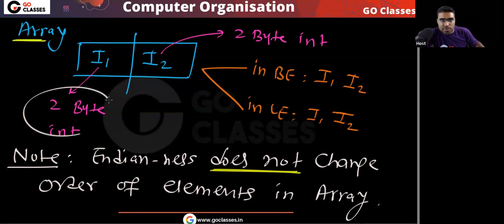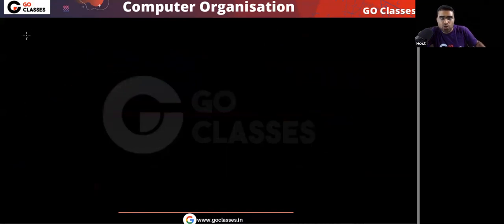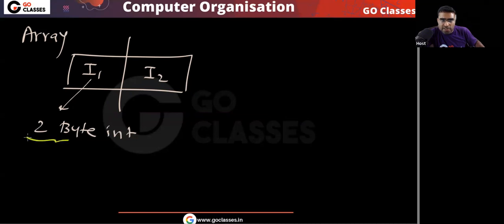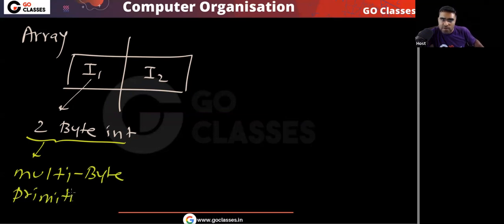But you can see this is multi-byte data. In this array there are two elements, I1 and I2, two integers. Each is a 2-byte integer, so this is a multi-byte primitive data item. Similarly, this is also a 2-byte integer, which is also a multi-byte primitive data item.